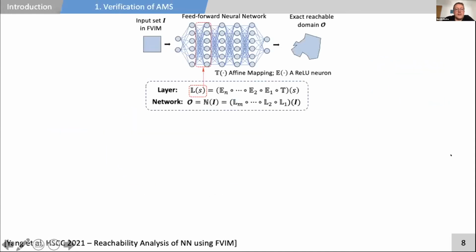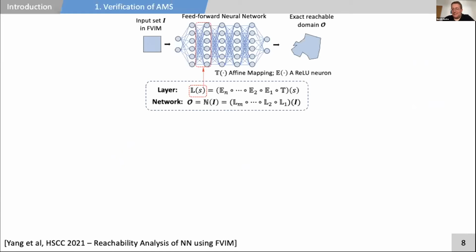So let's look a bit. Recently we had a paper in HSCC 2021 where we looked at this problem. And again, a lot of this is repeating from the presentation that Stan gave because it was very good.